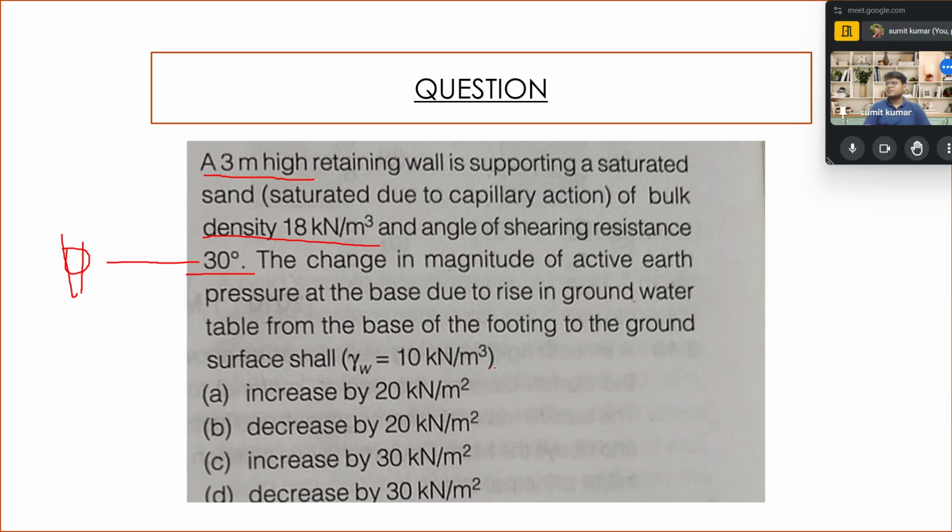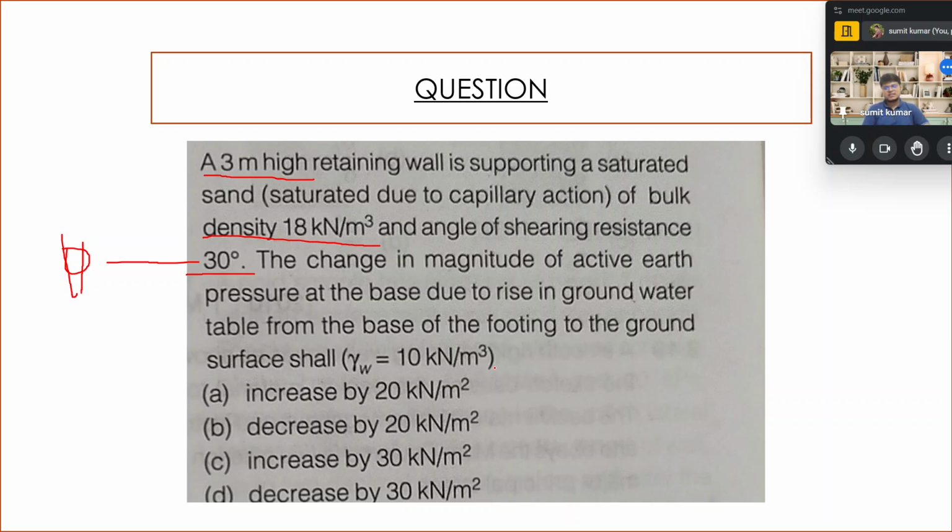As we know, the relation is K γ z, where γ is the effective unit weight, minus 2c√K, but the cohesion concept is not there. The height is 3 meter, and it's K γ z.